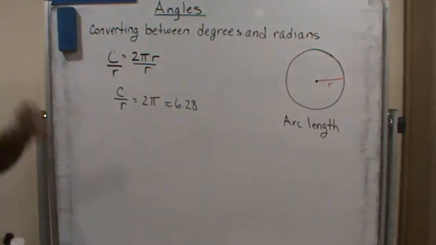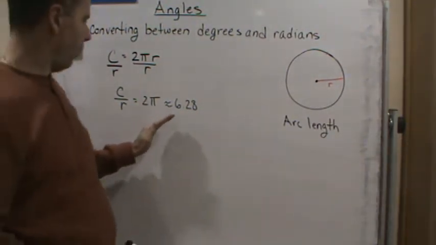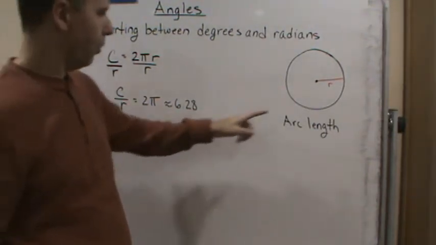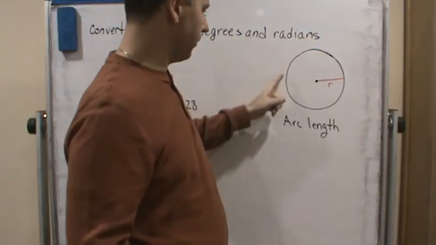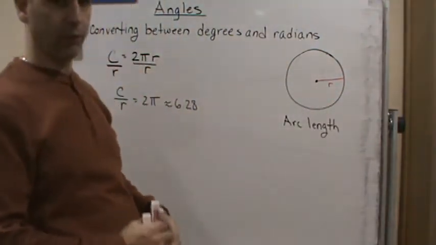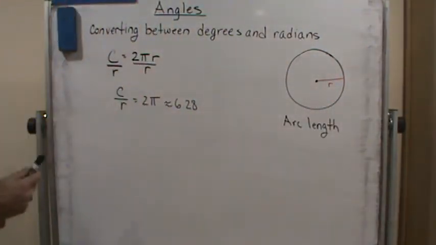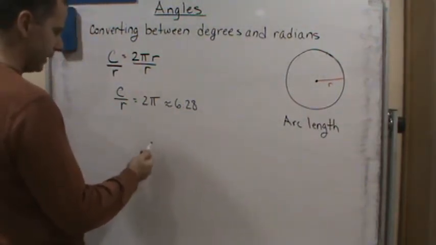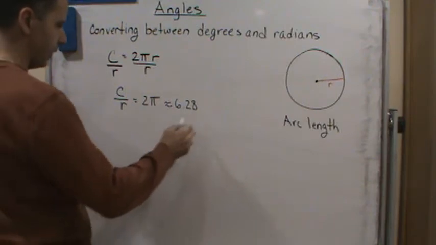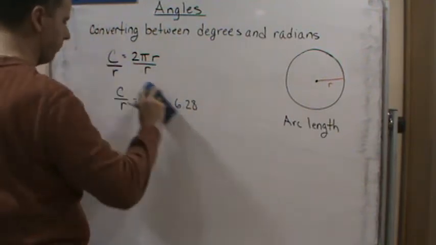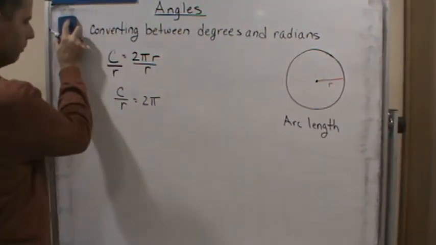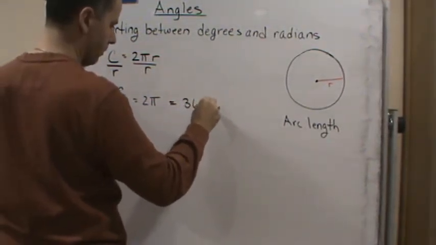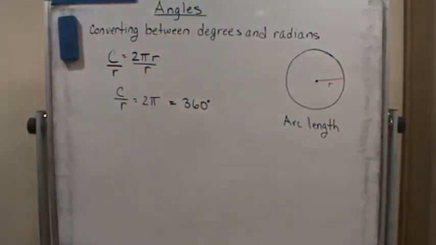So that means 2 pi is what we get from dividing the entire circumference of the circle. What does that mean? That means this is also equal to 360 degrees.